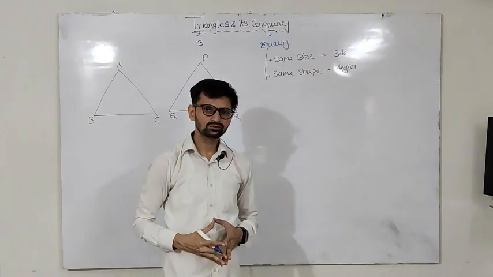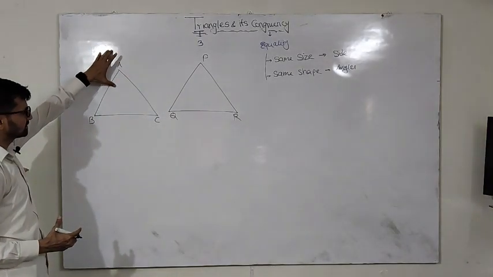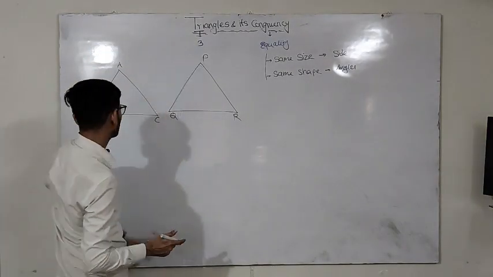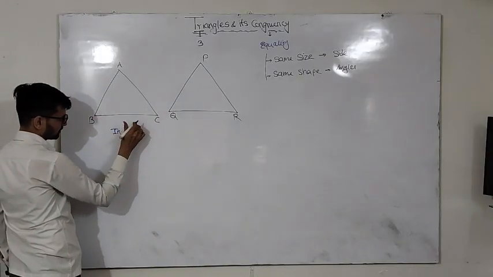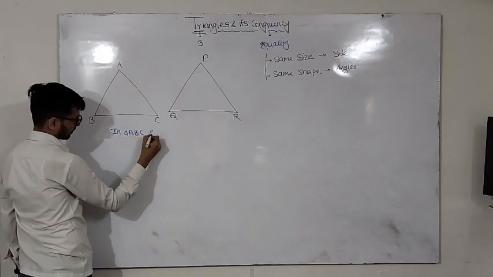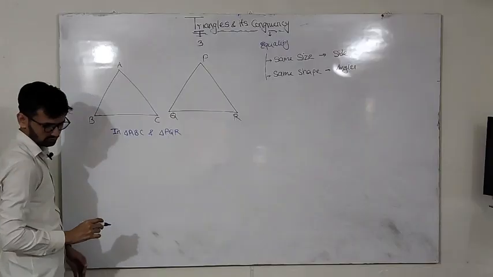Let's have an example of these two figures: triangle ABC and triangle PQR.